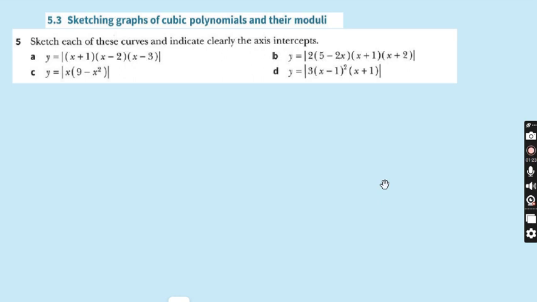Sketch each of these curves and indicate clearly the axis intercepts.